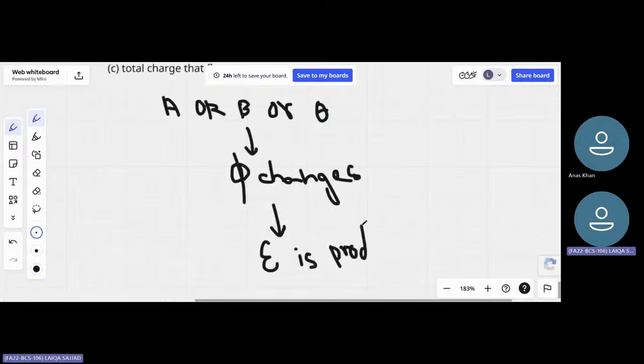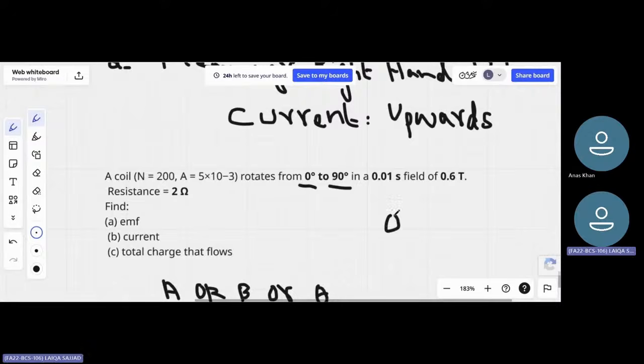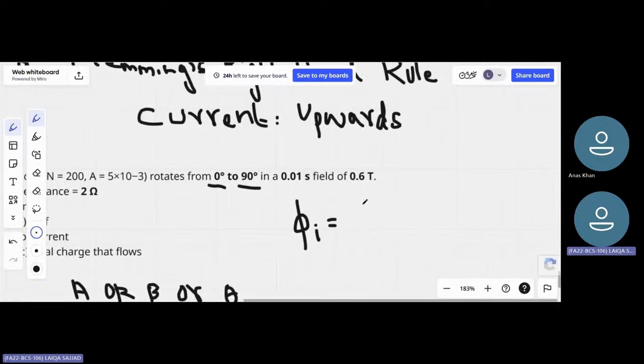So over here we can see that the initial angle was 0 degree and the final angle was 90 degree. Because the angle is changing, we will calculate two different fluxes. The first will be the initial flux, produced when the angle was 0 degree. We know its formula is BA cos theta.